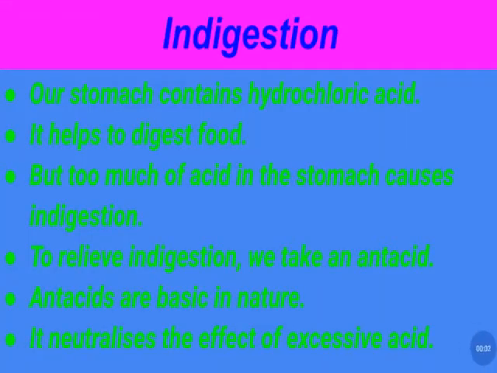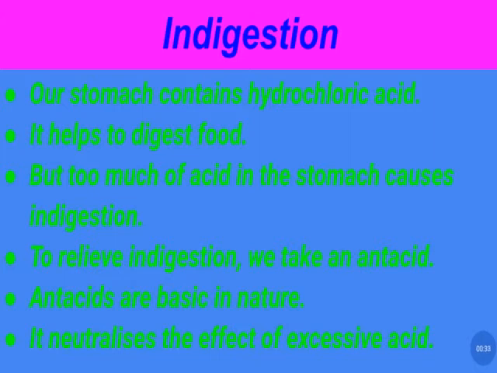First one is indigestion. After having a heavy meal, we feel some irritation in our stomach. Normally, we call it acidity. In your lower class, you have already learned about digestive juices, which are helpful for easy digestion. That is, our stomach contains hydrochloric acid, which helps us to digest food.